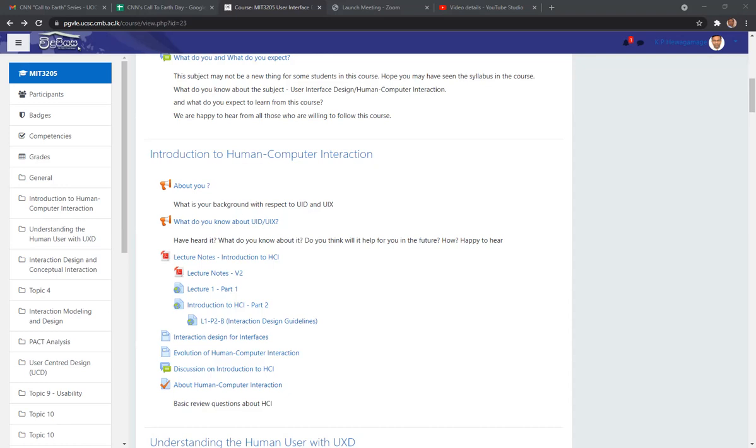Then you may be confused, okay, both seem to be the same. What is the difference between UI and UX? In UX, we consider the bigger scope. I think even if you looked at Dr. Tillina's last two weeks' session, you will realize interaction design is a subset of user experience design.